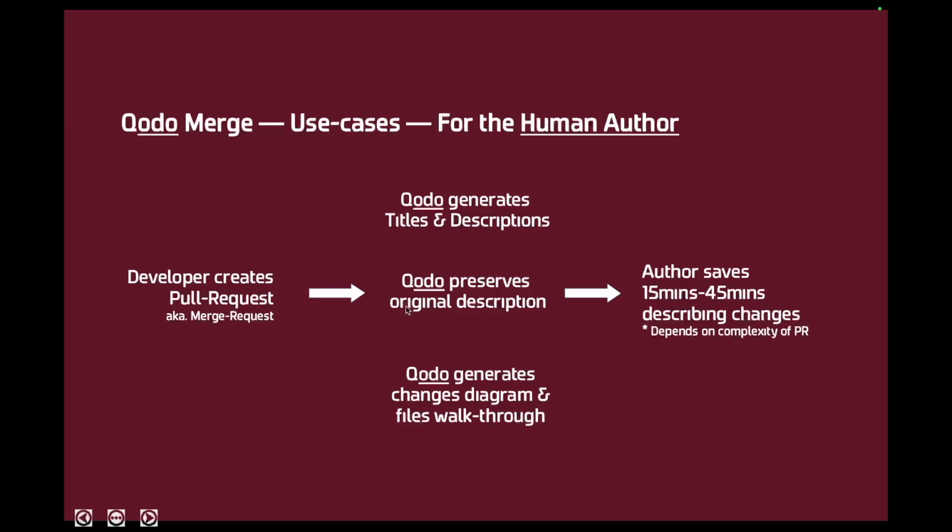While doing that, it preserves the original description the human wrote down, and it additionally generates a changes diagram and a files walkthrough. On a typical PR, of course, depending on the complexity, the author could save anywhere between 50 to 45 minutes describing these.